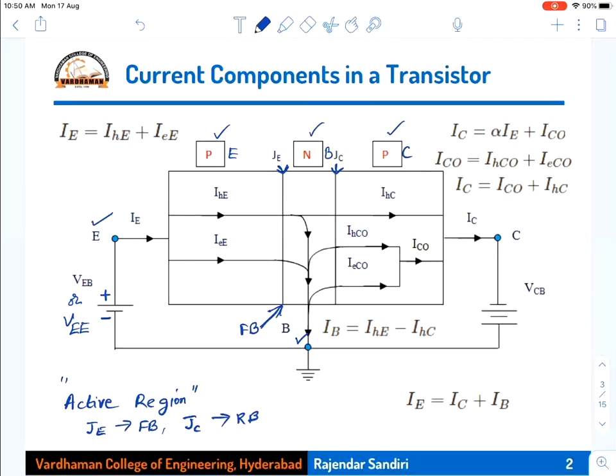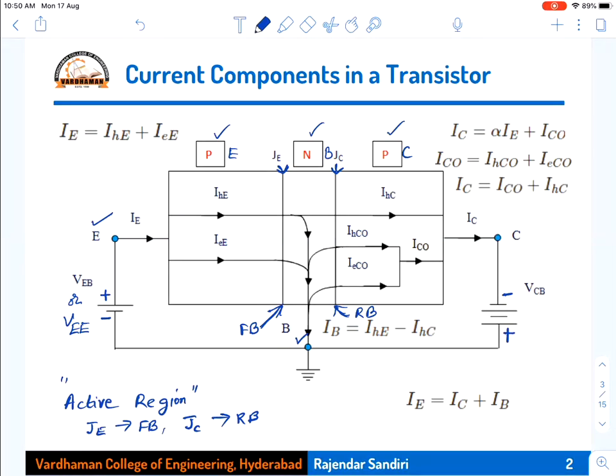Next, I want to make the collector junction reverse biased. This is the collector junction, and I want to make it reverse biased. To do that, we have to connect the negative terminal of the battery to the P-type semiconductor material and the positive terminal of the battery to the N-type, the opposite. Here the negative terminal of the battery VCB is connected to the P-type semiconductor material, and the positive terminal is connected to the N-type material.